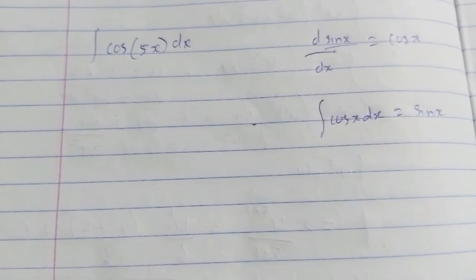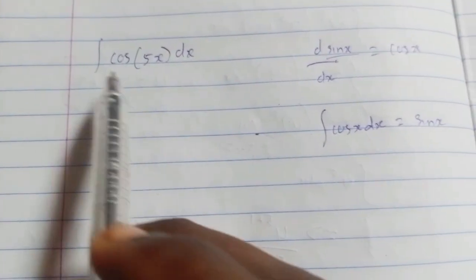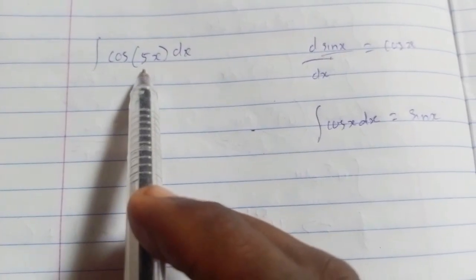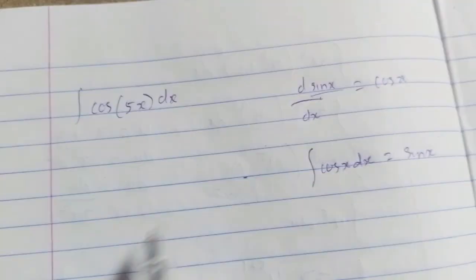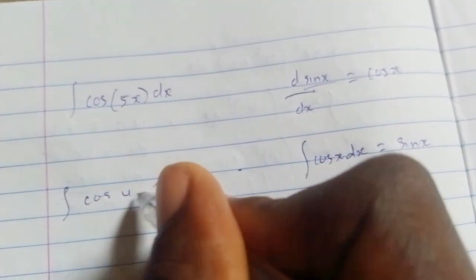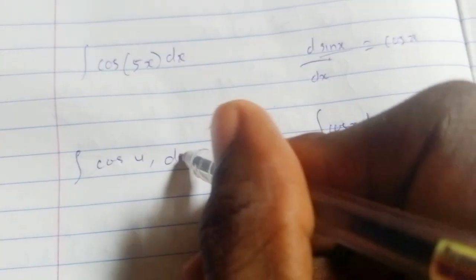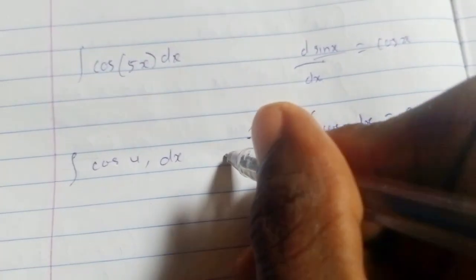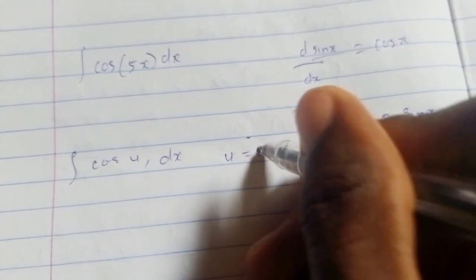So with that sorted out, we can still use our u substitution here. So this becomes the integral of cos u dx, where u is equal to 5x.